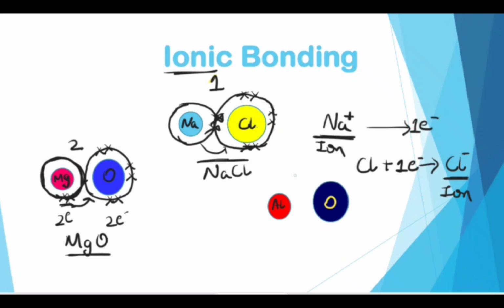Now the third one that we are going to do is a little different, but see how these bonds also form. Aluminium. What is the atomic number of aluminium? Let's check.